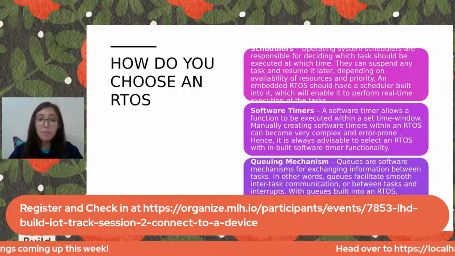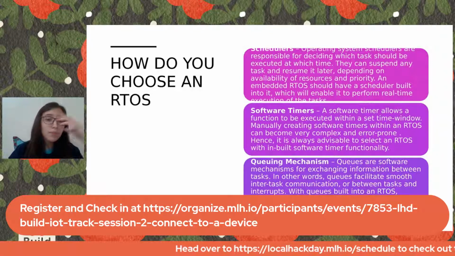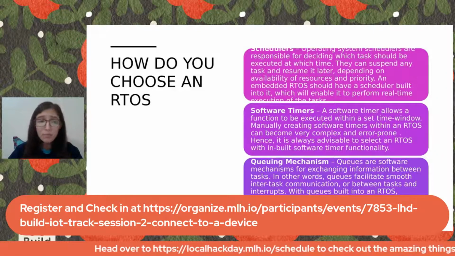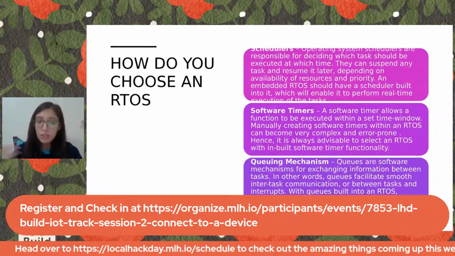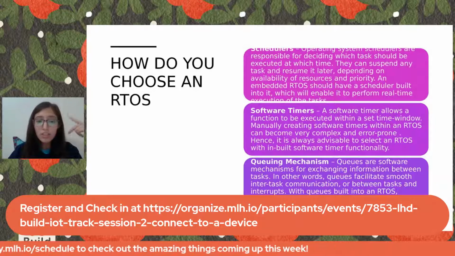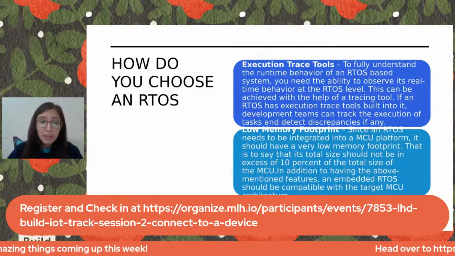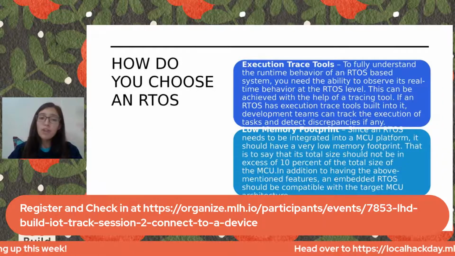And these are some of the points about how you choose an RTOS. You don't need to know the terms, you just need to get acquainted with them. We'll be using the terms eventually. So schedulers, software timers, queuing mechanism, execution trace tools, low memory footprints, these are just some terms that I want you to get acquainted with.